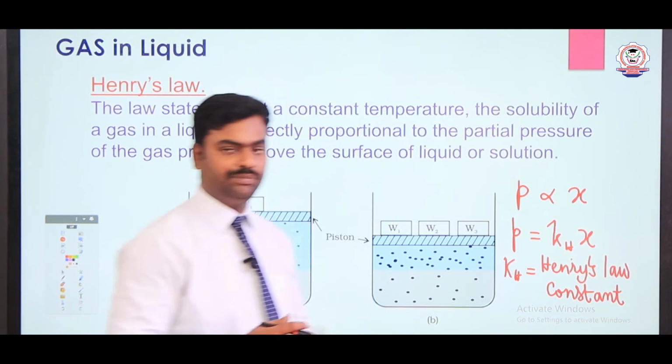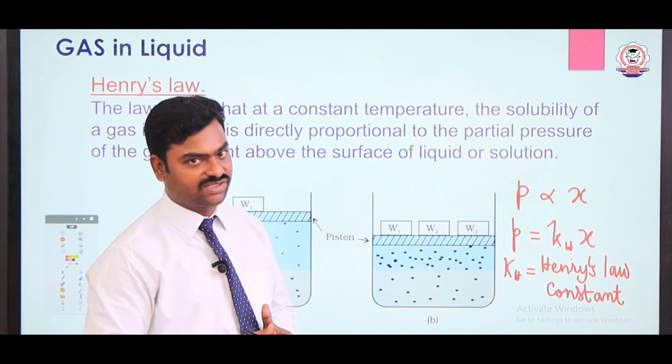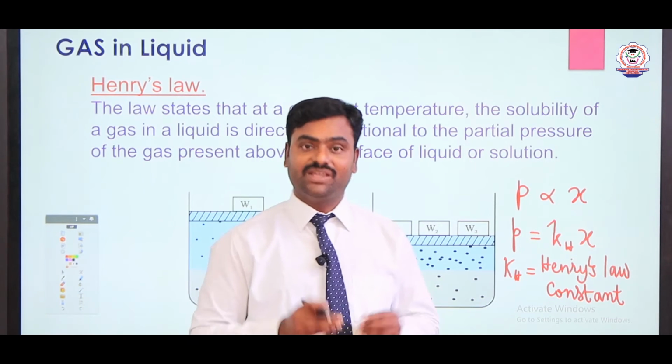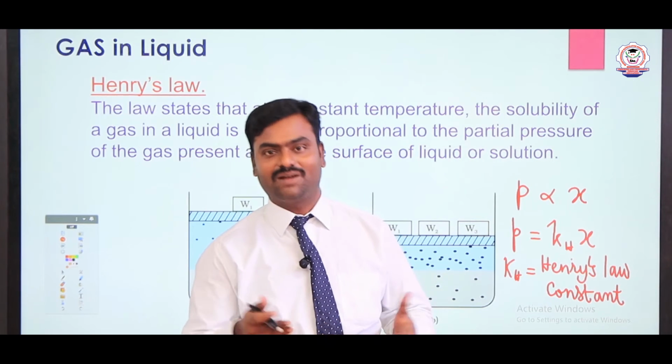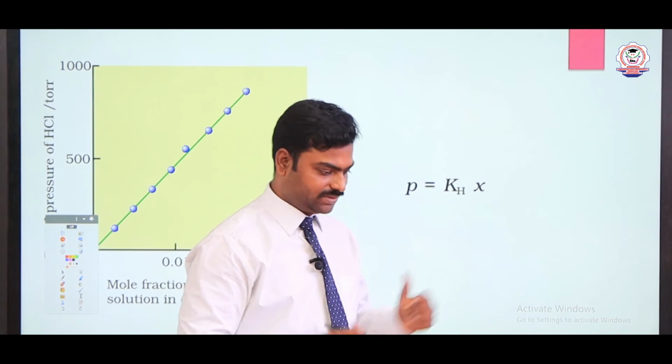This is a very important quantity. We will discuss what Henry's law constant is and give a definition for it also. P is equal to KH into X.